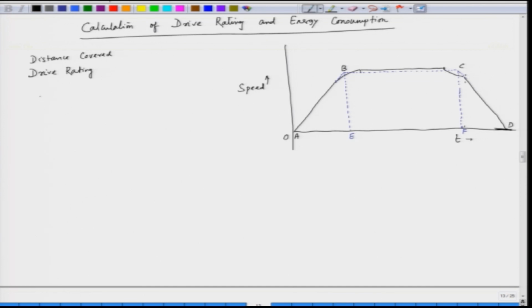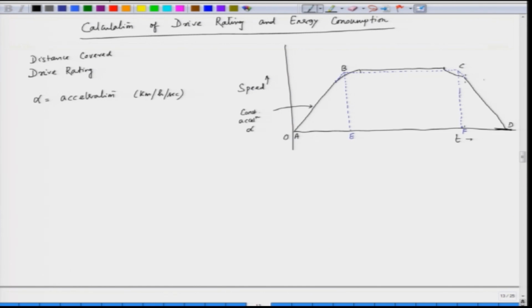We define alpha as the acceleration, which has a unit of kilometer per hour per second. So, we have the constant acceleration here, and the value of the acceleration is alpha.